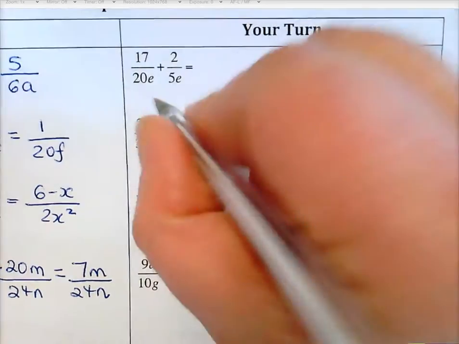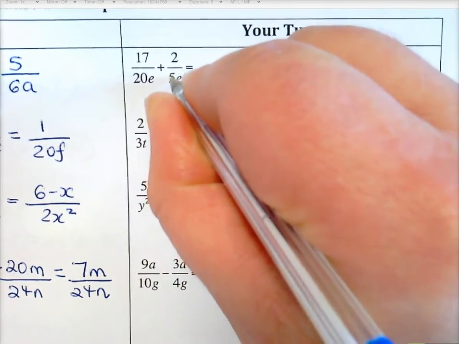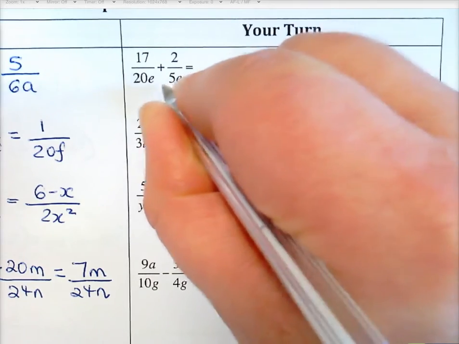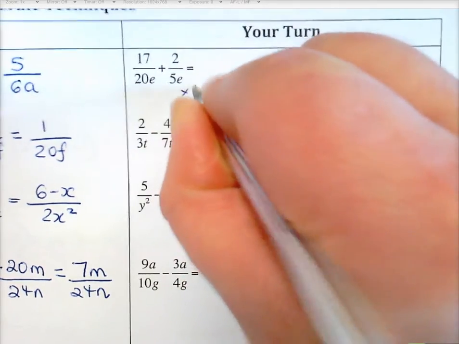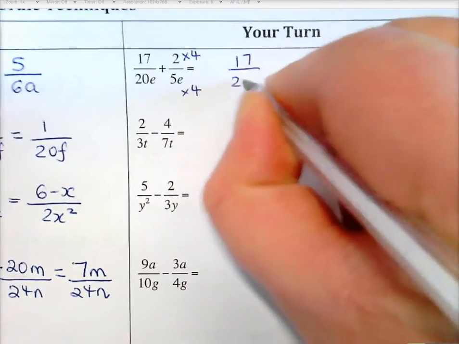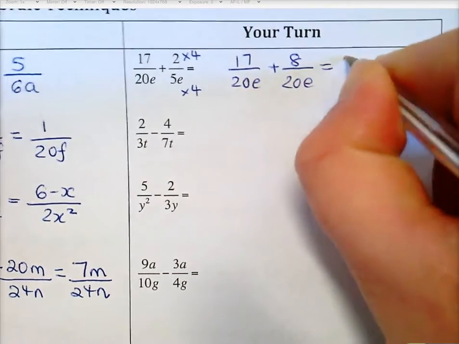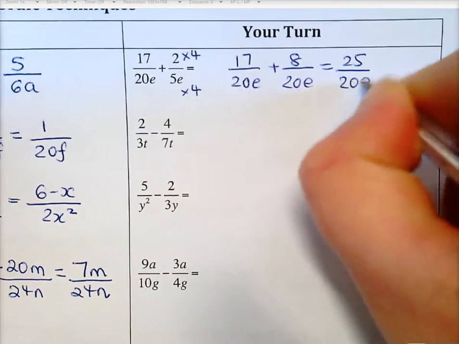Going through these, the e's are the same, so you don't need to do anything with that, and we've got 20 and 5. The easiest way is to change, we want a denominator of 20e, so we'll times this second fraction times 4 over 4. So we've got 17 over 20e plus 8 over 20e is 25 over 20e.